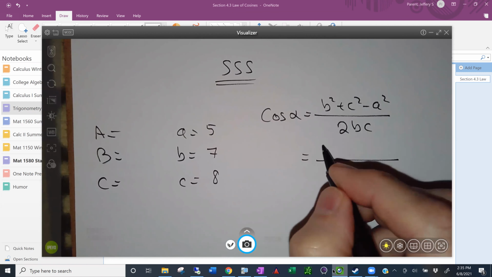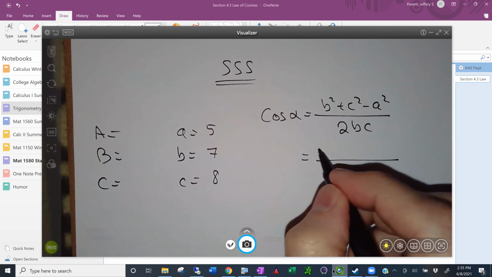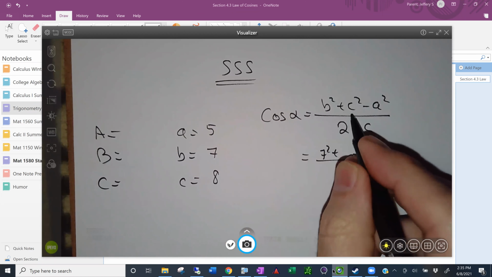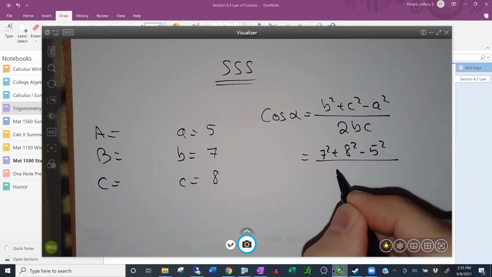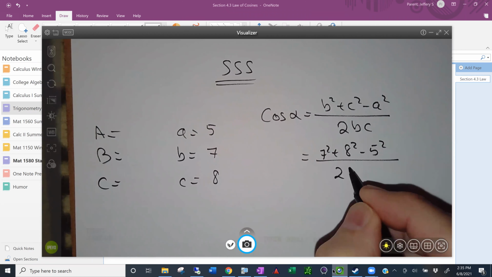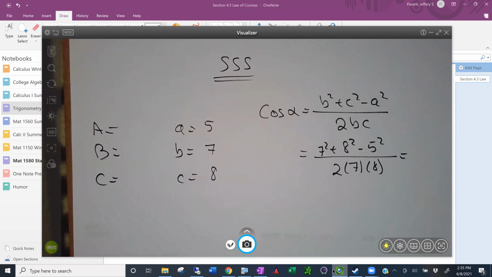So that's going to be 7 squared plus 8 squared minus 5 squared over 2 times 7 times 8. And let's just get a nice fraction for that.